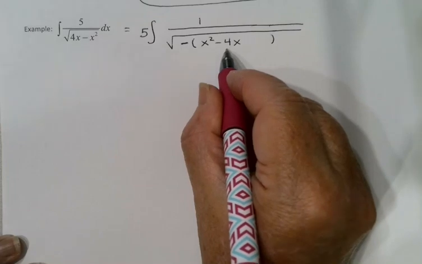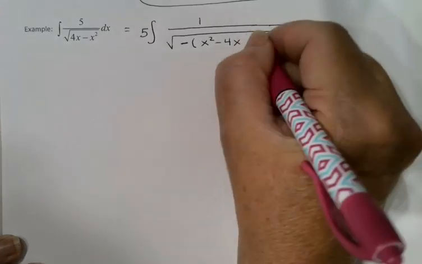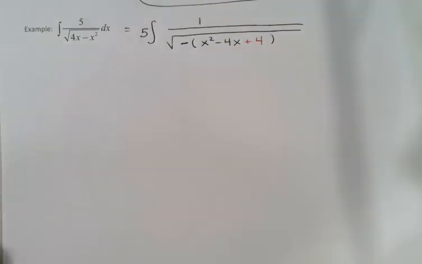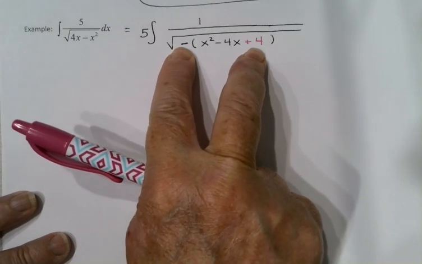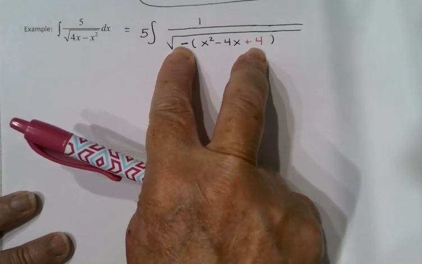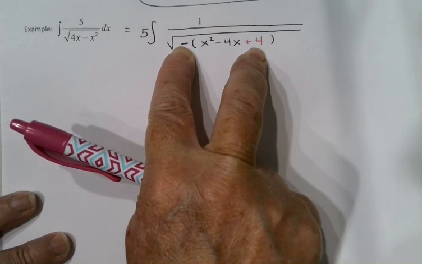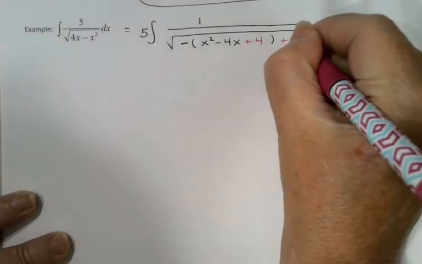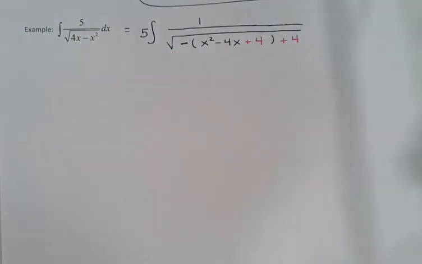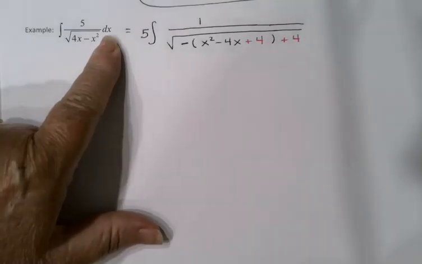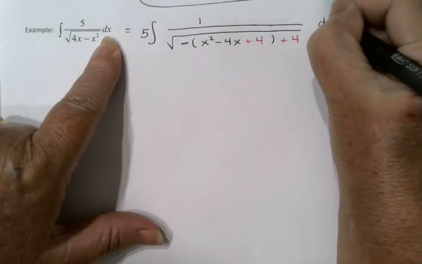Half of negative 4 would be negative 2. Square that is positive 4. And here's a place to be a little careful. Because of the negative, the 4 that I put in is really a minus 4. So to counteract it, I'm going to have to put in a plus 4. Minus 4 and plus 4. I still have this dx. Put that right over here.